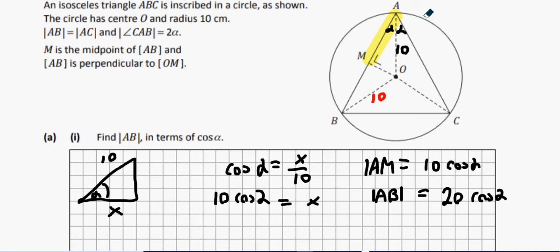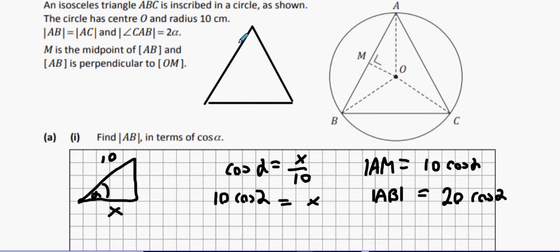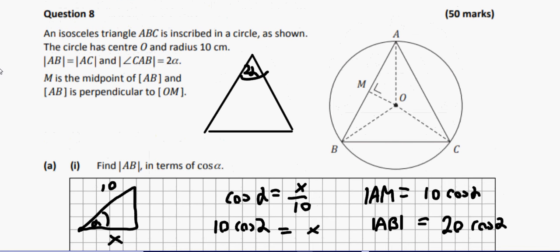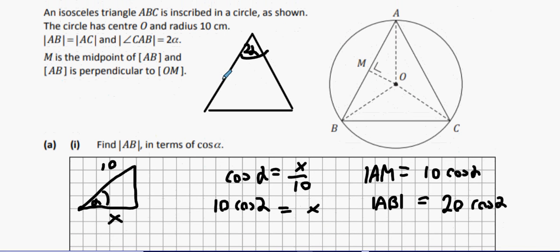So let's focus on the angles here for a second. If it's isosceles and that's 2 alpha, it looks pretty obvious that these two are the same length as each other. AB equals AC, it tells you. So we're going to do 180 take away 2A.